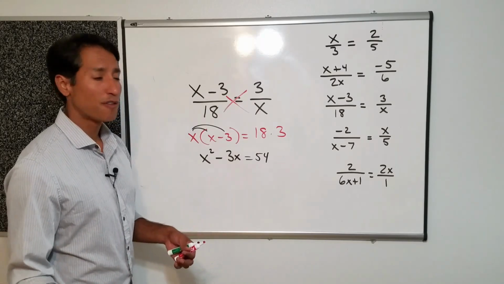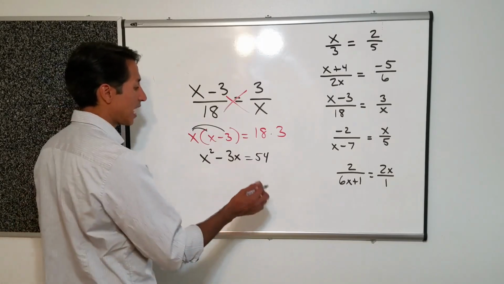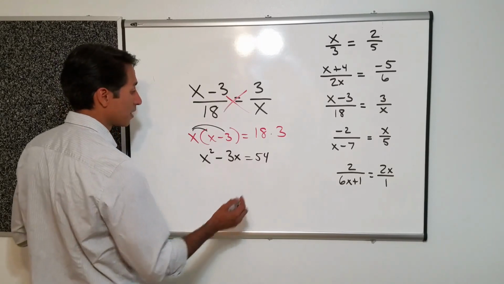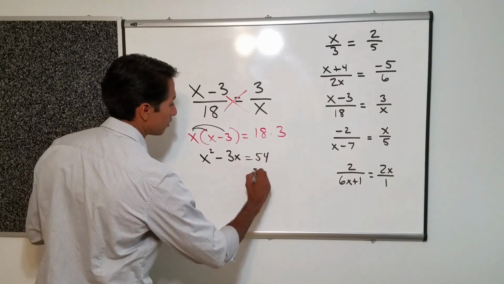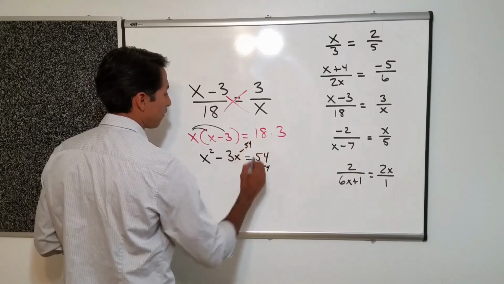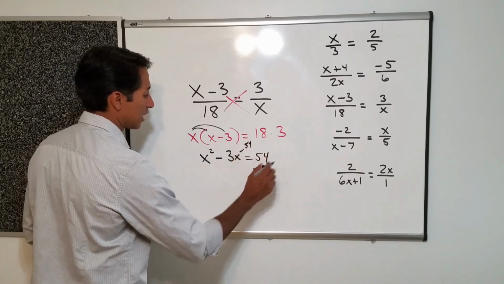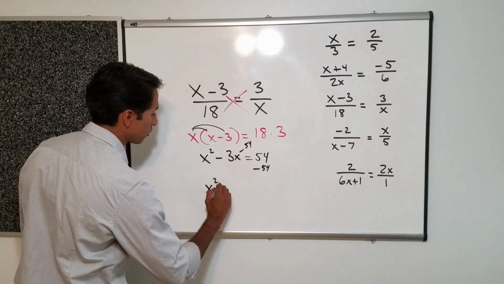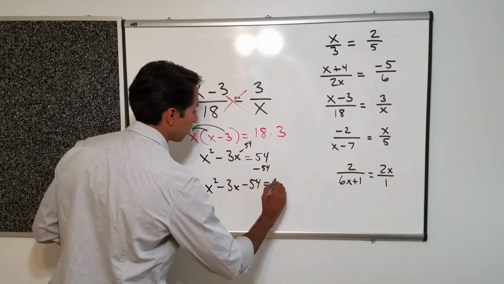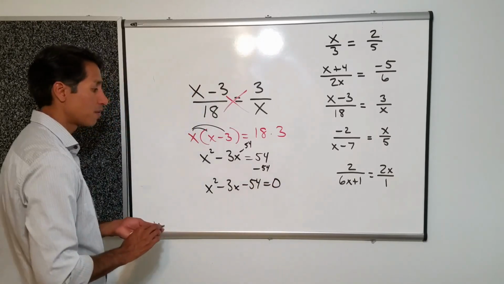You gotta move everything to one side and then start working with this guy as a trinomial. So let's subtract 54 from this side and subtract 54 from this side, and that's going to give us a 0. So we have x squared minus 3x minus 54 equals 0. Okay?